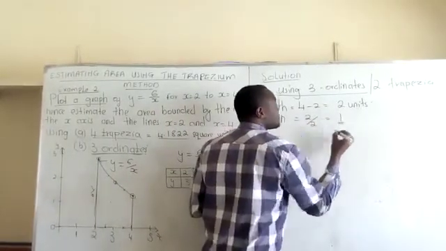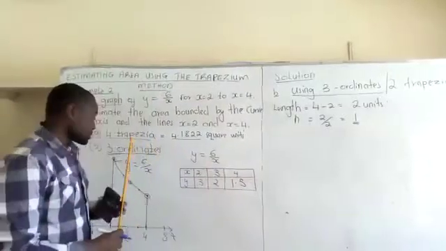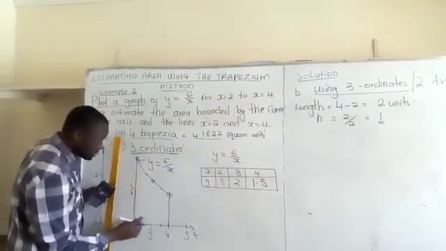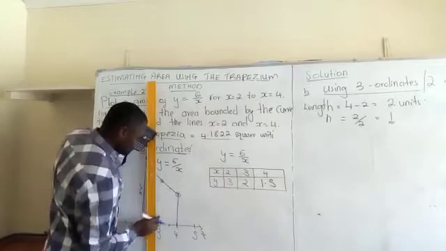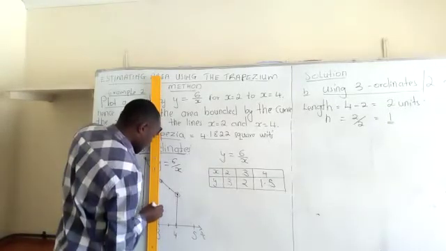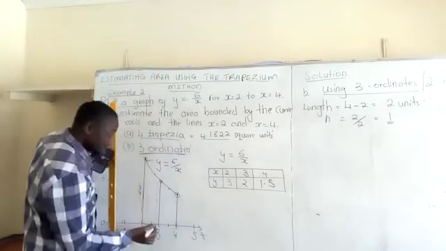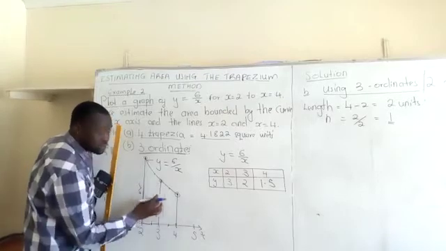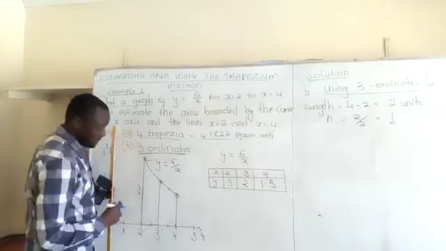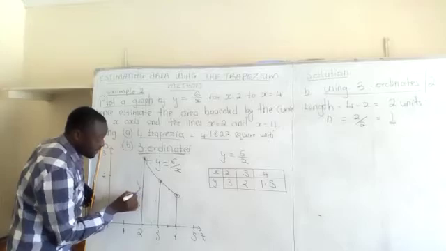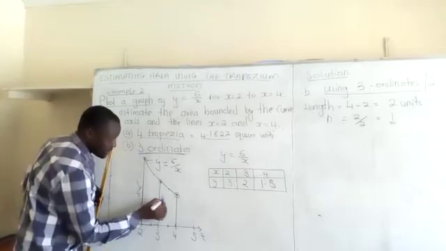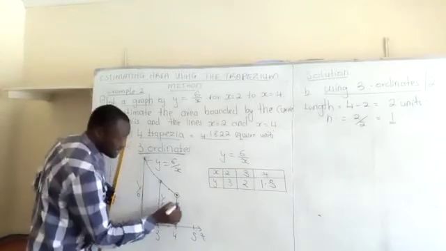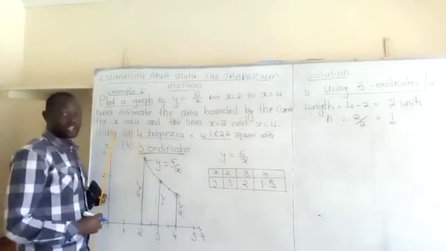Therefore, we'll have a height of 1 unit. So from 1 unit will be 2 to 3. So our second ordinate will be there, then 3 to 4. So this will be our 2 trapeziums. So we'll have the first ordinate, the second ordinate, and the third ordinate.